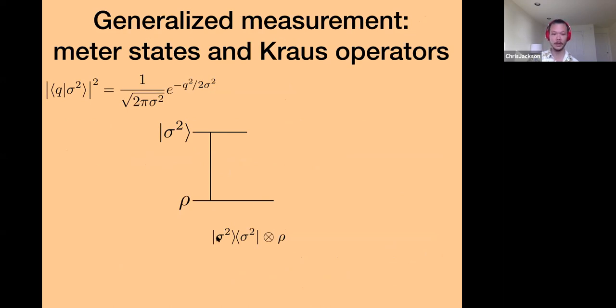Okay, so what am I imagining here? In the bottom, I have the original Hilbert space of interest in which I have some state prepared, rho. And I'm going to couple it to a Gaussian meter state, one whose wave function is given by this. The coupling is going to be written in this way.